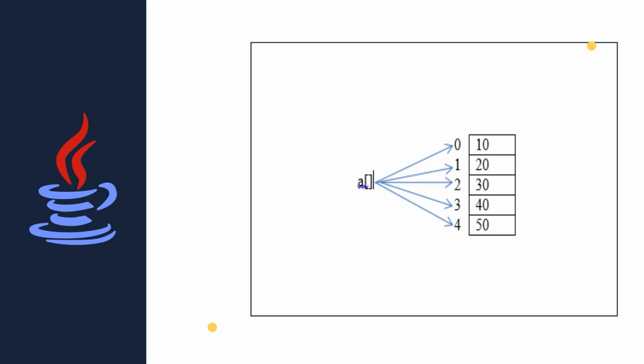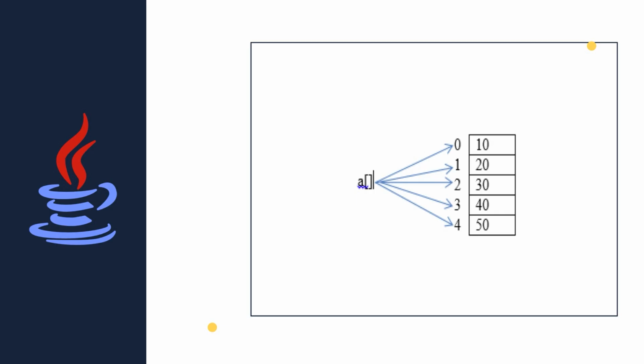As you can see here, we have to declare the syntax. Now first we have to type new. New is a keyword in Java which is used to create an object. Now the object of the array is referenced by the reference variable, which is a.